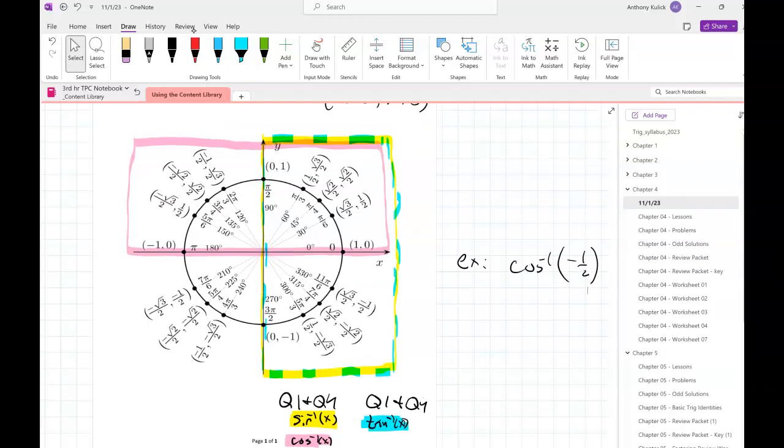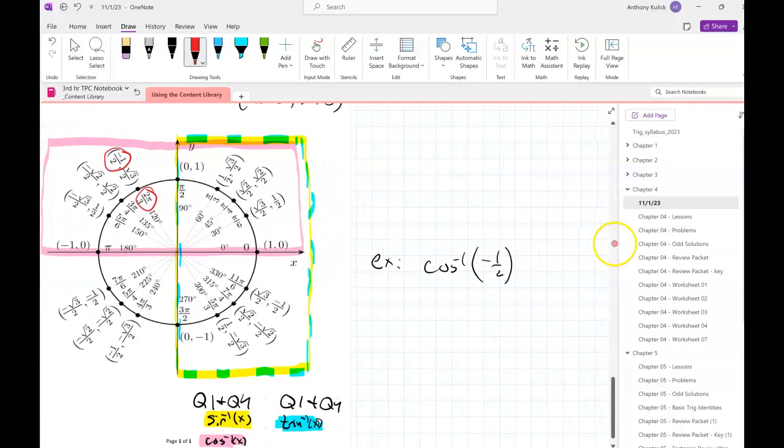I look in quadrants 1 and 2, correct? Which coordinate, the x or y, am I looking at? X, right? Yes, Ava? Sine, I'm looking at y. We haven't done tangent yet. So our answer there is just going to be 2 pi over 3.